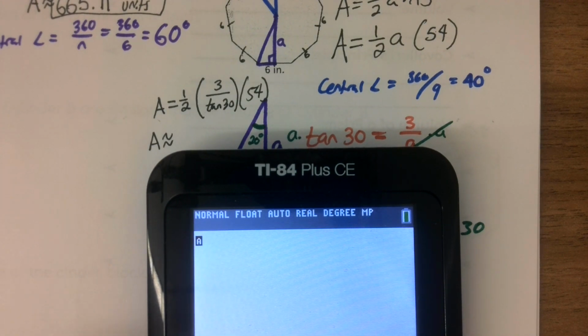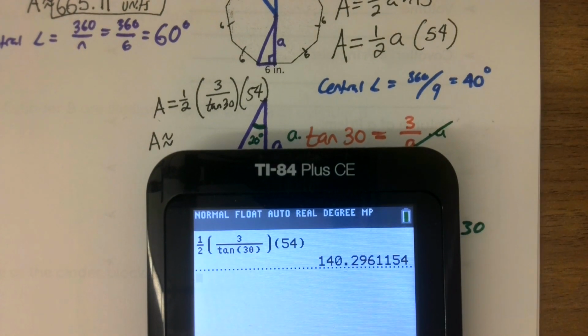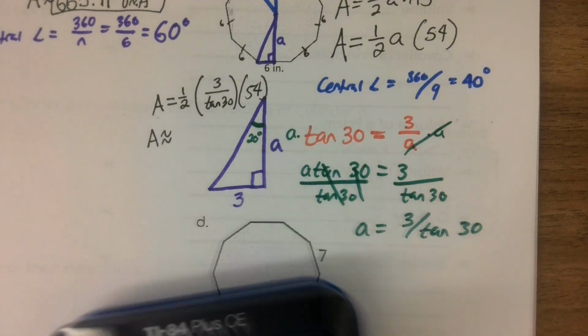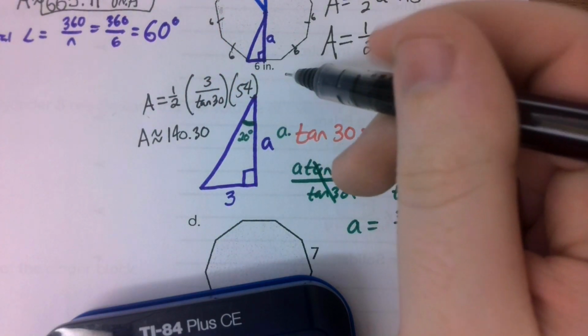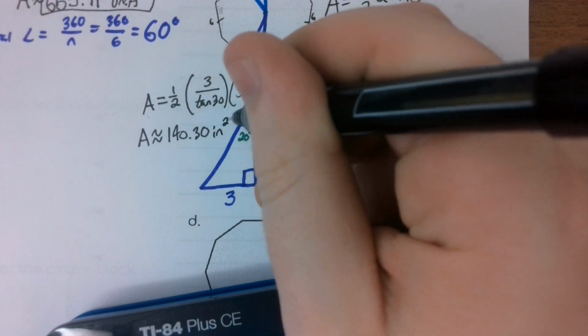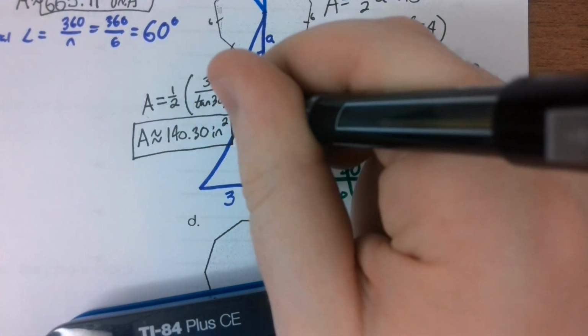We will get 1/2 of 3 over tangent of 30 to multiply 54. We get our answer. The area of this nonagon is 140.3. This time we have a unit, inches. So remember that area is always squared. So inches squared.